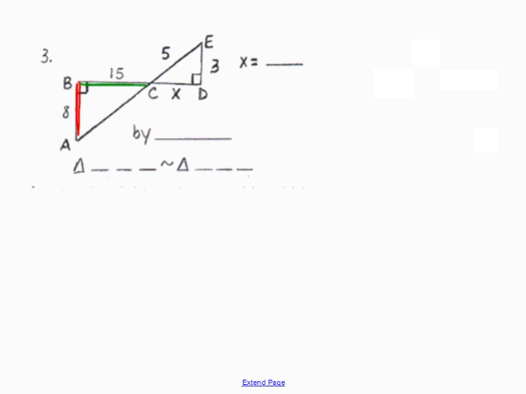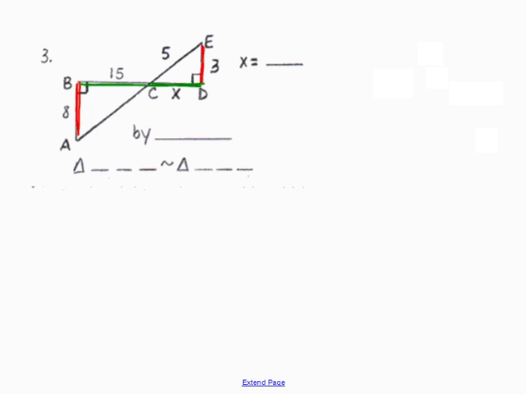So I've got this side, and then I've got this side. So it looks to me like we are going to have 8 and 3 and 15 and X. Again, I'm moving left to right. It really doesn't matter which way you do it, but I'm going to move from the large triangle to the small triangle this time from left to right.